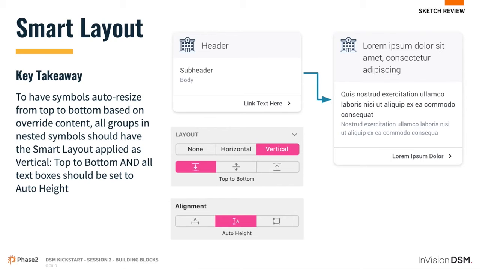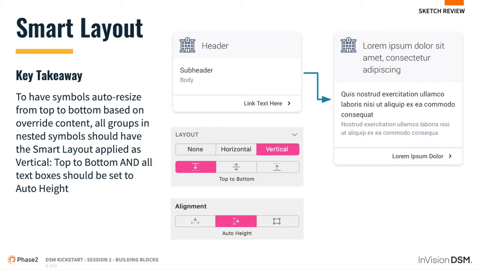Since we just talked about overrides, let's talk about a feature that makes them work really well called Smart Layout. Smart Layout was something that was released by Sketch not too long ago. What's great about it is that it seems to work well and you don't have to rely on multiple third-party plugins that can sometimes cause issues or not work consistently.